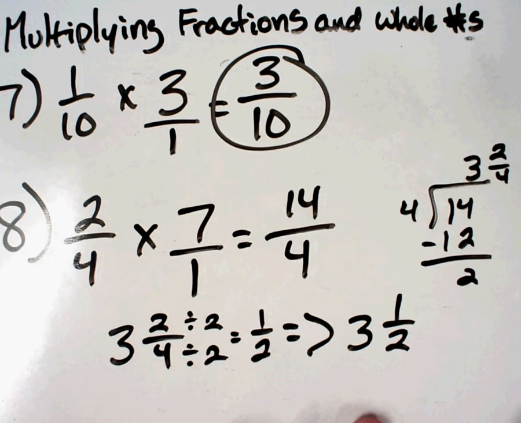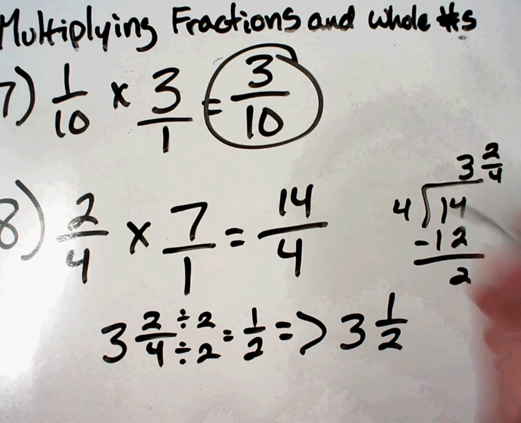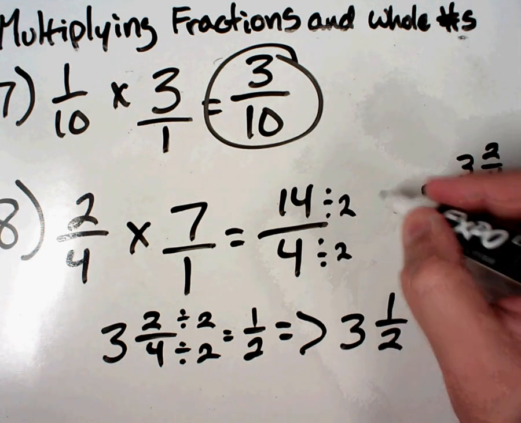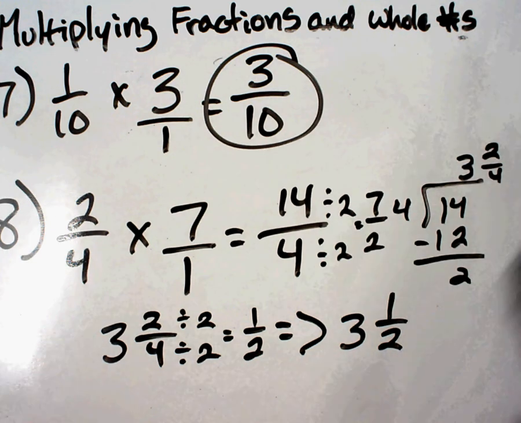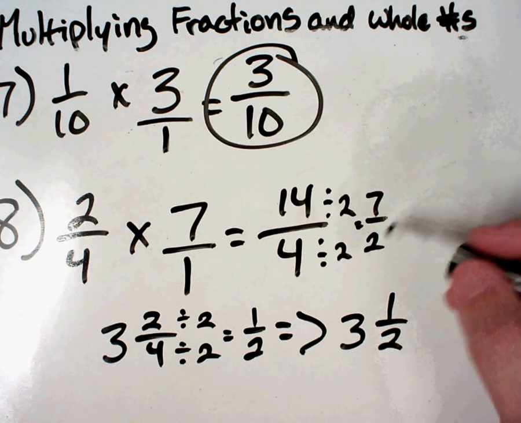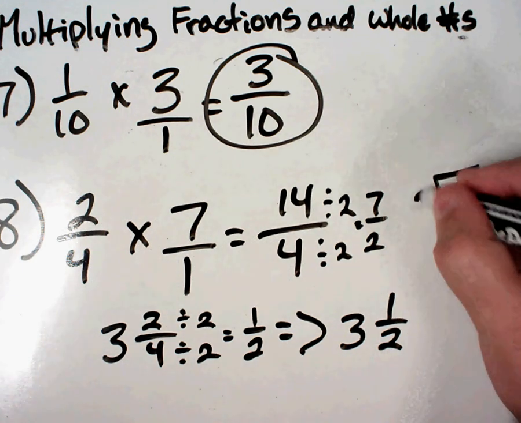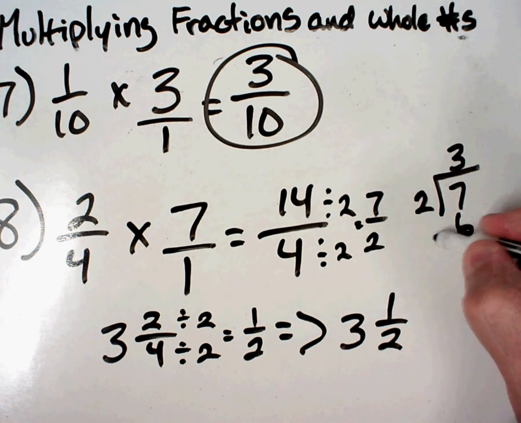Now what I could have done here is I actually could have simplified here, and I could have divided this by 2 here and gotten 7/2. I'm going to erase this division problem so you can see this. I could have gotten 7/2 here, and then if I had done the division there, 2 goes into 7 3 times. 3 times 2 is 6.